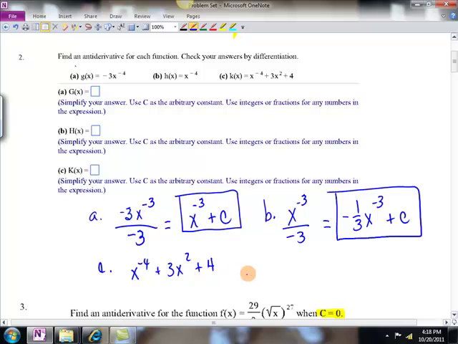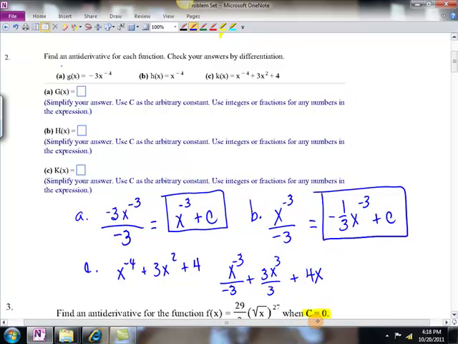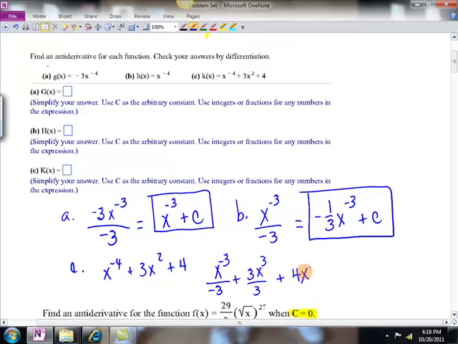So this piece is going to become x to the negative 3 over negative 3 plus 3x cubed over 3 plus 4x. And when we clean it up, we're going to get negative 1/3 x to the negative 3 plus x cubed plus 4x plus c.